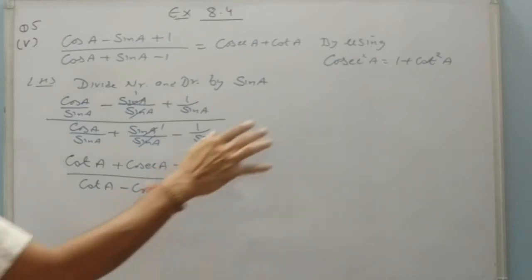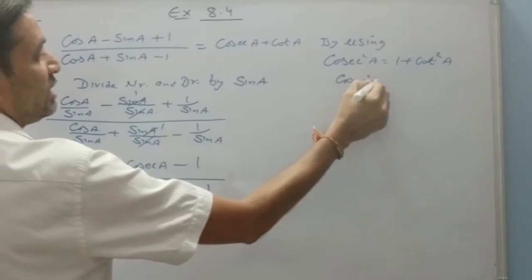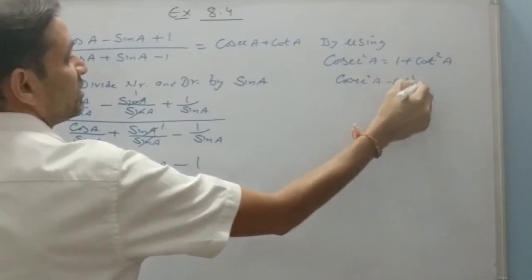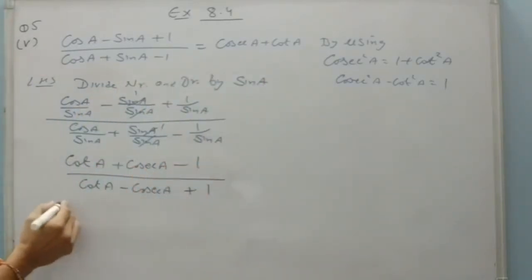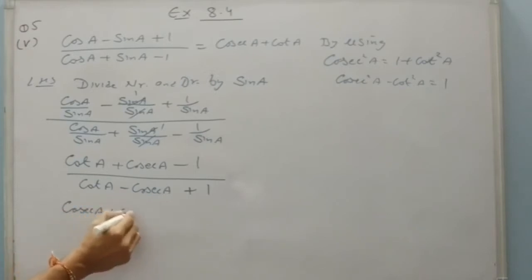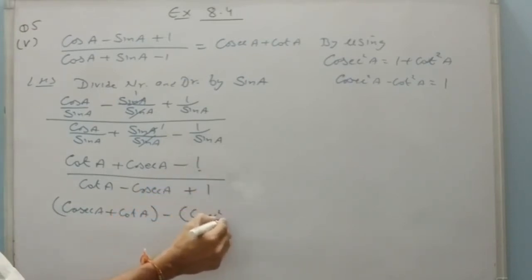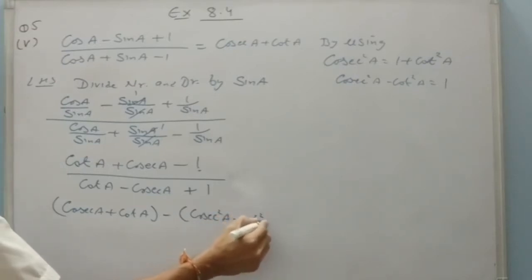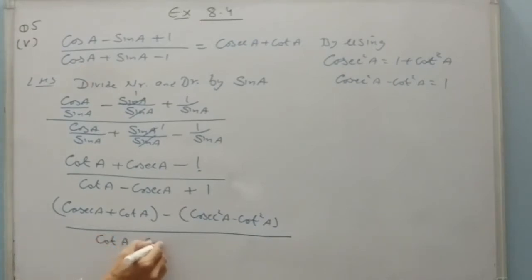Now, by this identity, I can say cosec square A minus cot square A equals 1. So, using it on the numerator, I keep cosec A plus cot A as it is and change 1 as cosec square A minus cot square A. I am just changing it in the numerator, not in the denominator. If required, we can change in other steps.